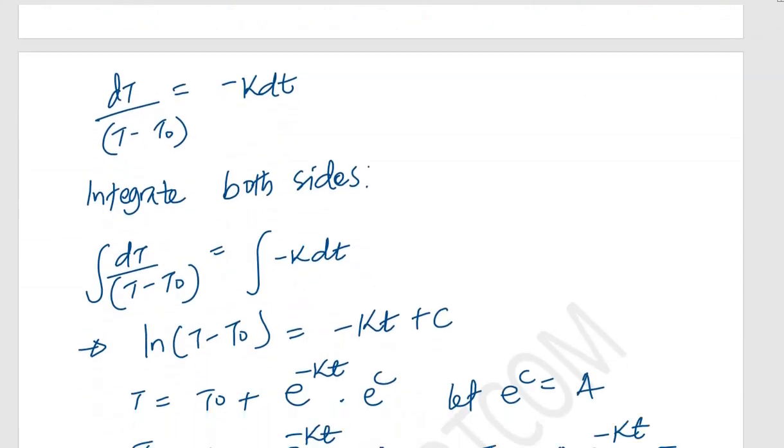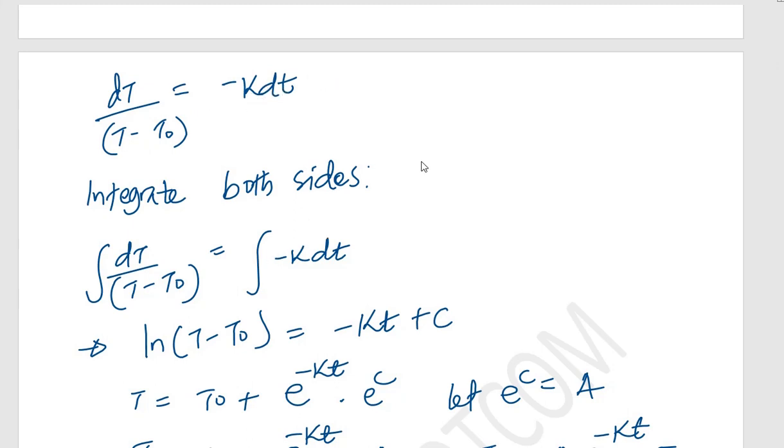The change of temperature with respect to time, as given above, we can simplify by collecting like terms together. So if temperature is changing this way, we bring the constituents of temperature here, and the components of time we bring to the other side.